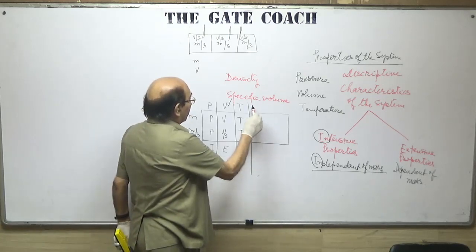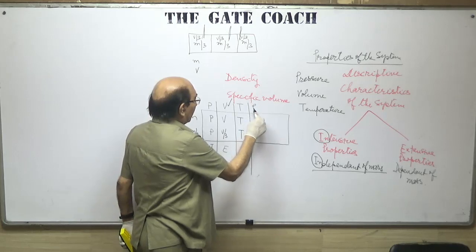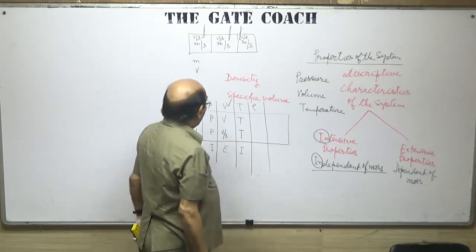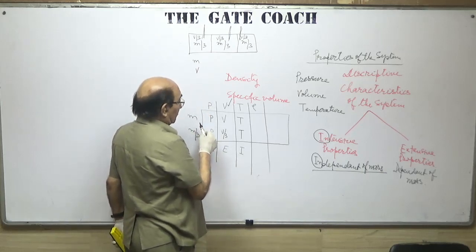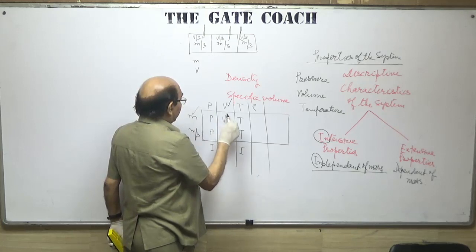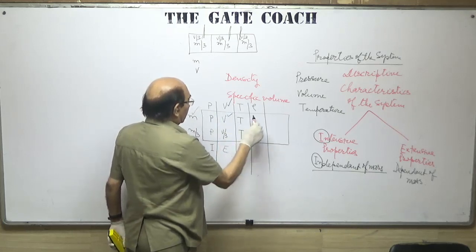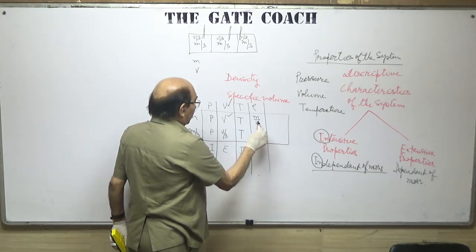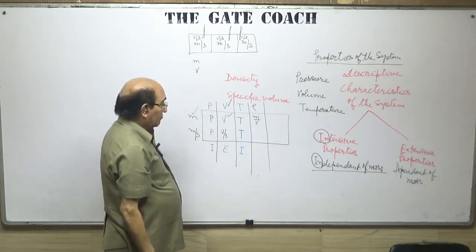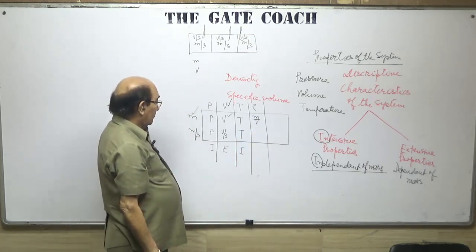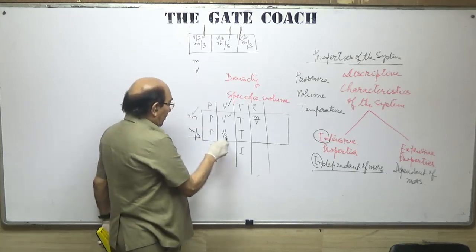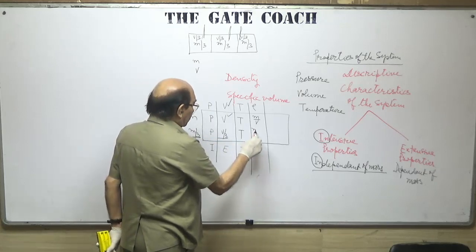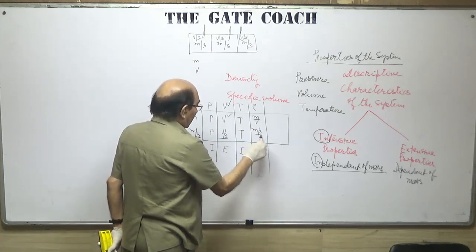Now let us talk of density. When mass is m, volume is V, the density is m by V. Now, mass is m by 3, volume is V by 3, density shall become m by 3 upon V by 3.